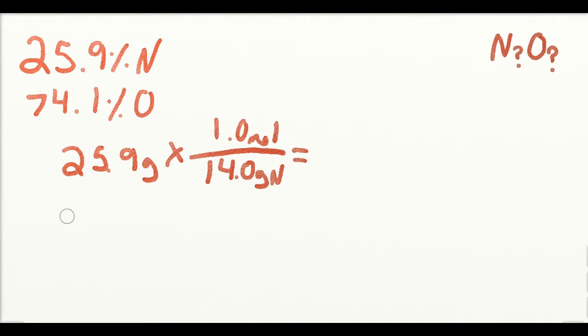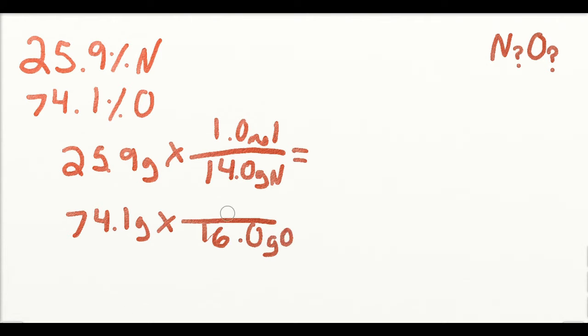The same thing will happen for oxygen, so we get 74.1 grams times, and then the line, and the molecular weight of oxygen is 16.0 grams of oxygen. On top will be 1 mole. Now, let us just do the math.